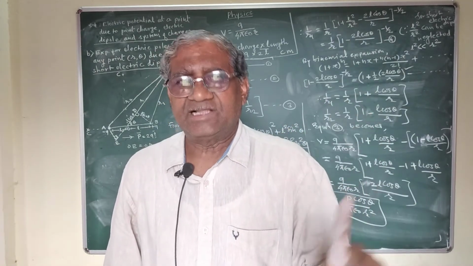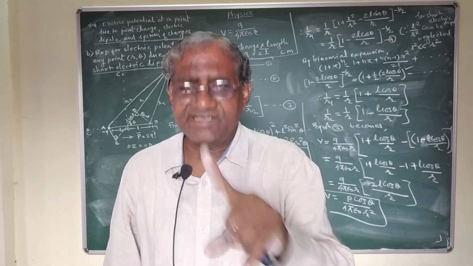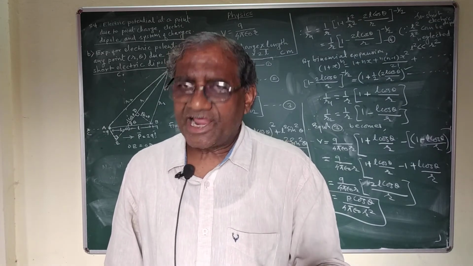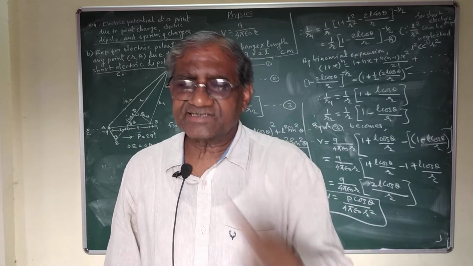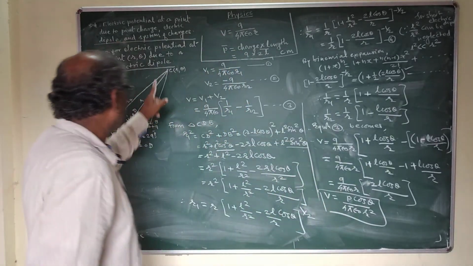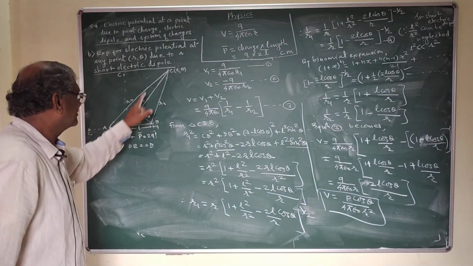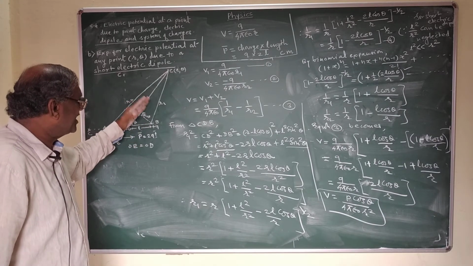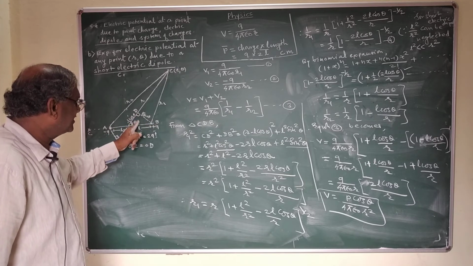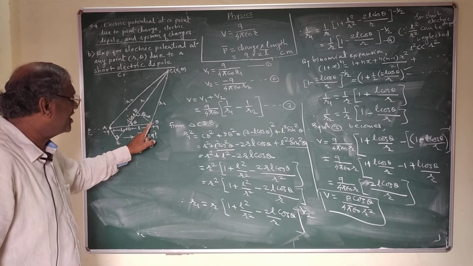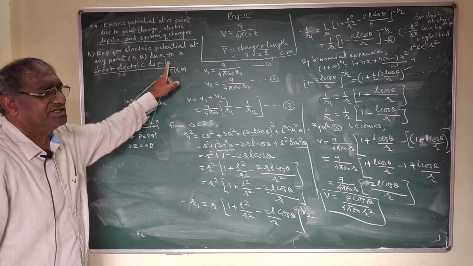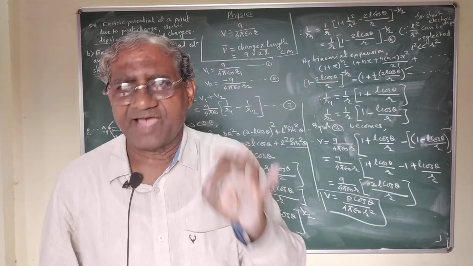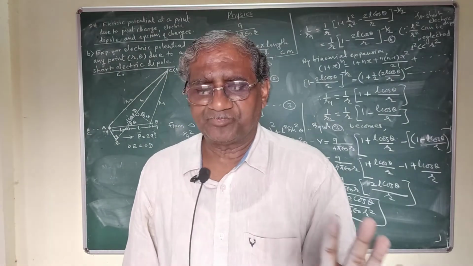Now let us consider the point C in the electric field of the dipole is at distance R from the center of the dipole, which is making an angle theta with the axis of the dipole, at which we have to find electric potential due to this dipole. This is our aim.